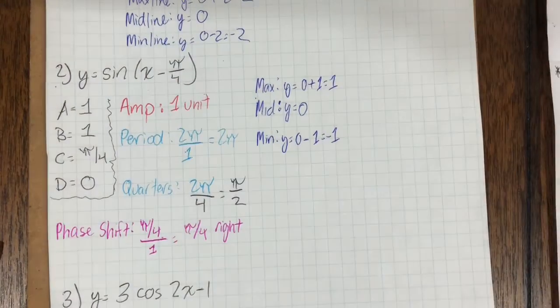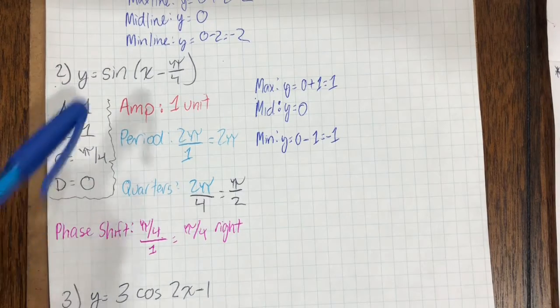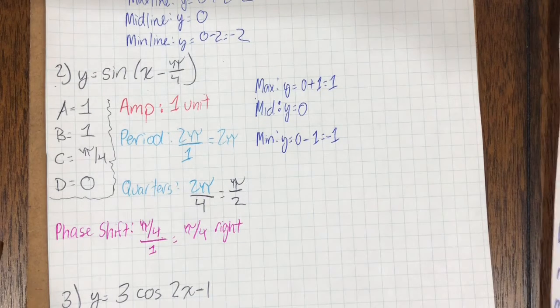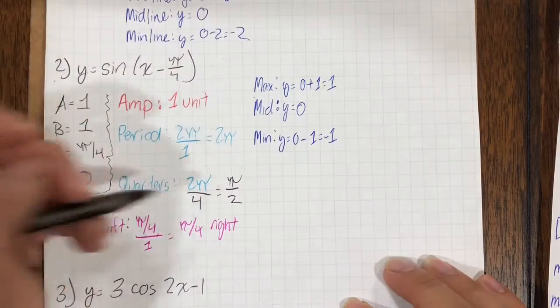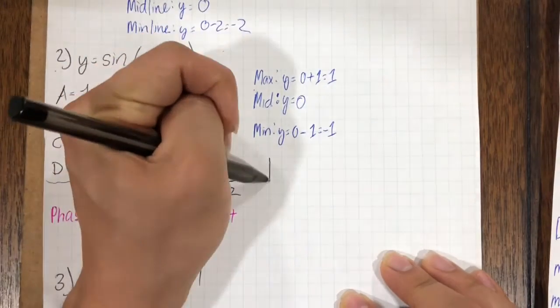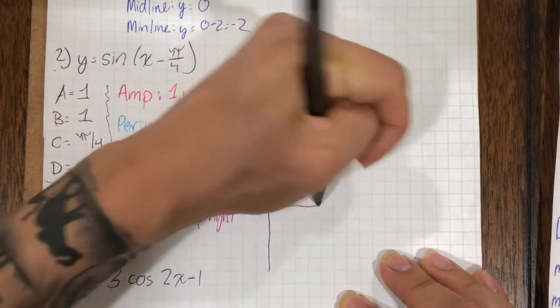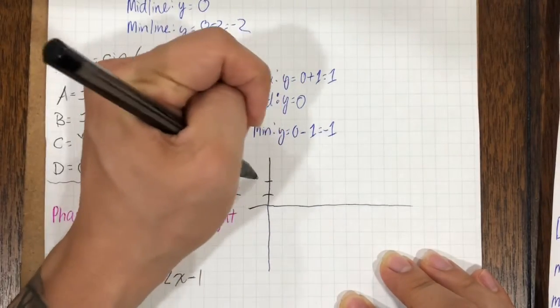So I have all of my pieces of information that will help me graph sine of x minus pi over 4. Let's go ahead and do that. I'm going to make the graph somewhere where there is more space, so over here. I'm going to label my y values.